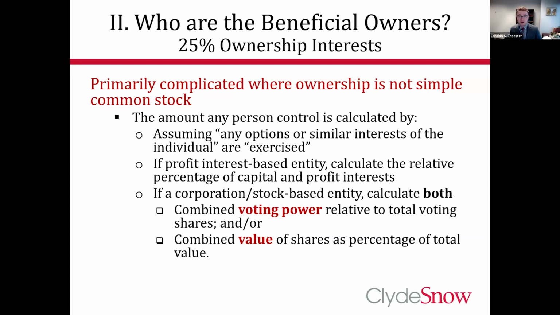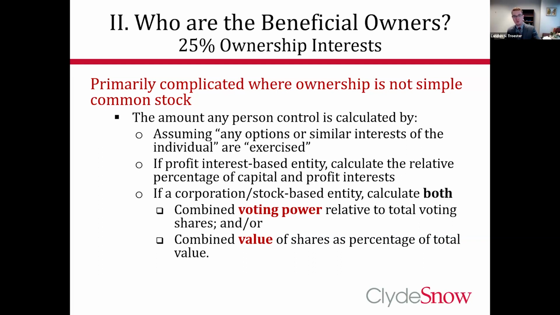If you do have complicated ownership structures or structures with preferred interests or convertible interests, I encourage you to refer to the regs. You need to assume, and this is the language from the reg, and it does not provide a lot of other guidance, that options or similar interests of the individual are exercised, and then look at their relative control and ownership of the value of the company both.